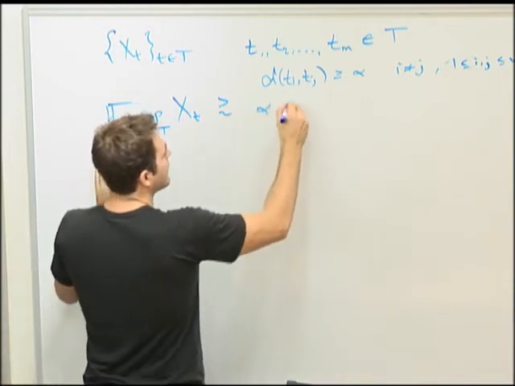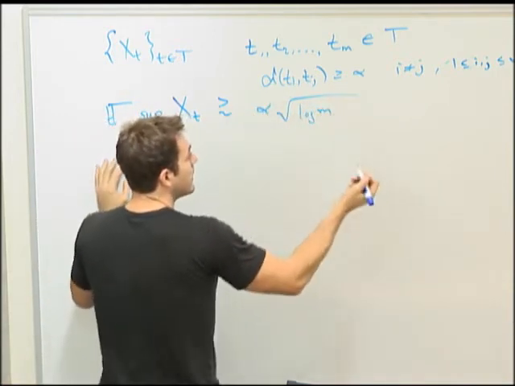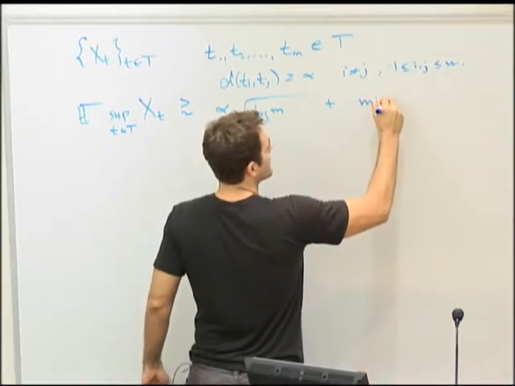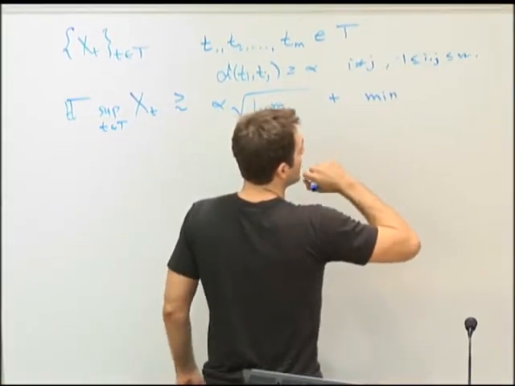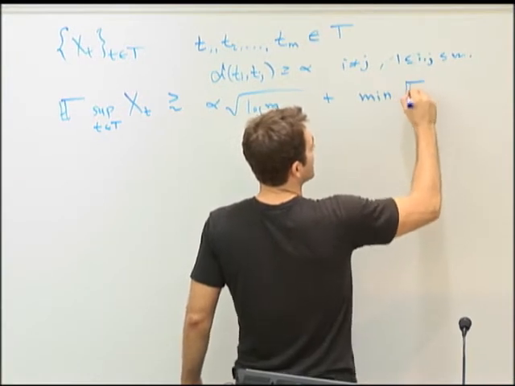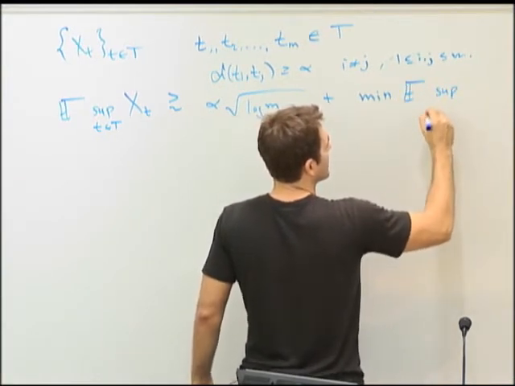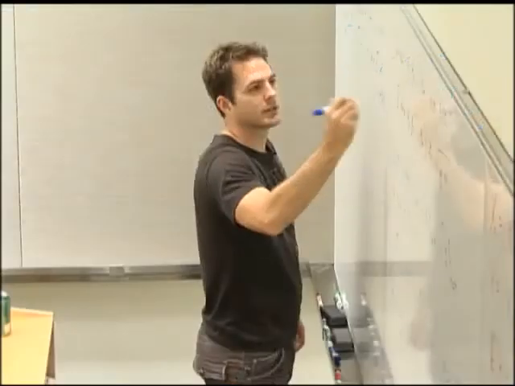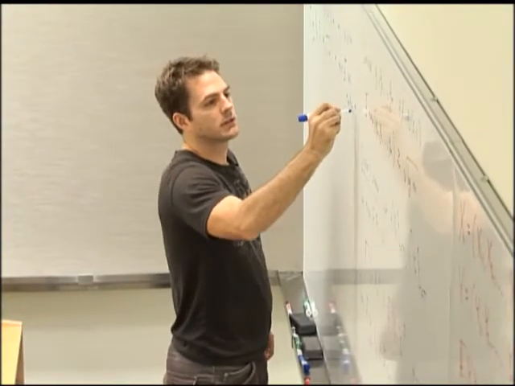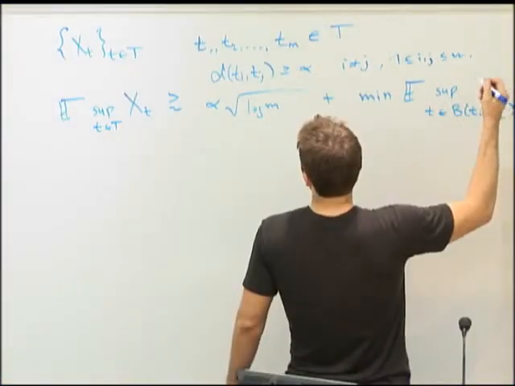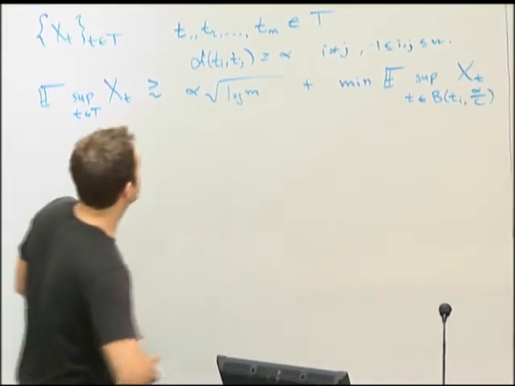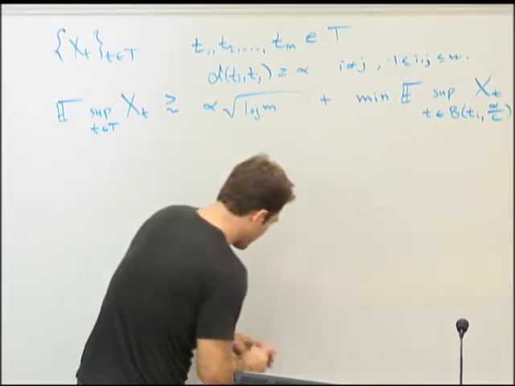We get alpha square root log m, like before, but we're also going to get the following: the minimum of the expected sup. Let me write it, and then we'll prove it. I'll explain what's going on at least. It's best to draw a picture.